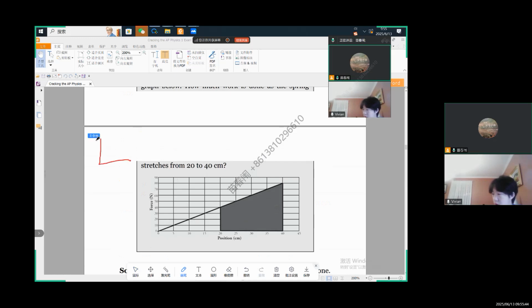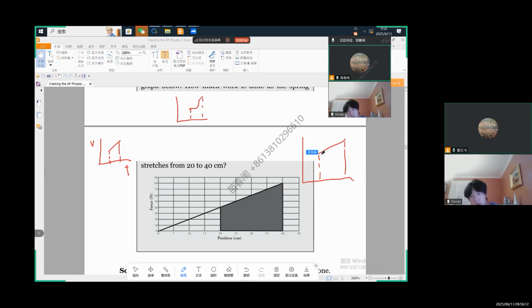Just remember when we did velocity-time, and we said the area of that is going to be my distance, right? Even including the curve. And the reason I can prove it, using this one as an example, is because I can divide it into so many triangles and so many rectangles.